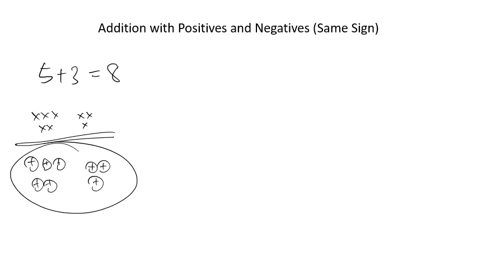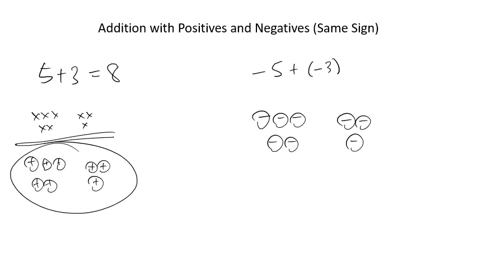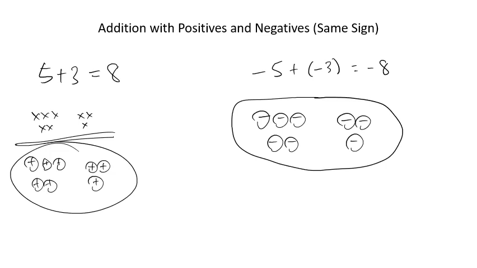Now, when we extend this into negatives, -5 plus -3, the idea is still the same. I want to take 5 negatives and then 3 negatives, and I'm going to combine them into one set. And so when I combine all these together, I have 8 negatives. And that's it.